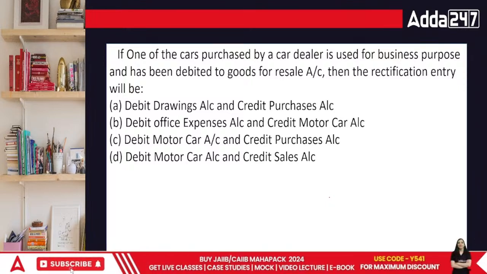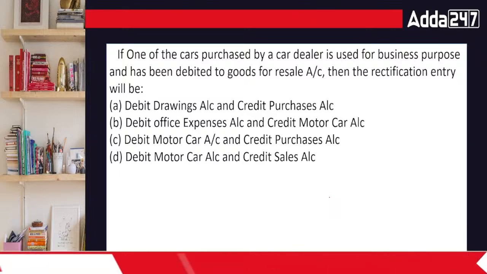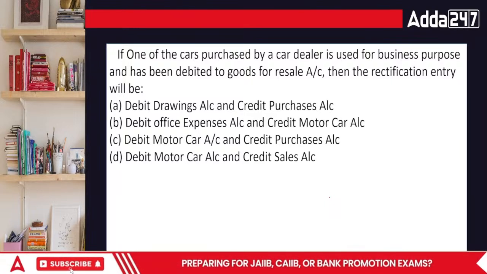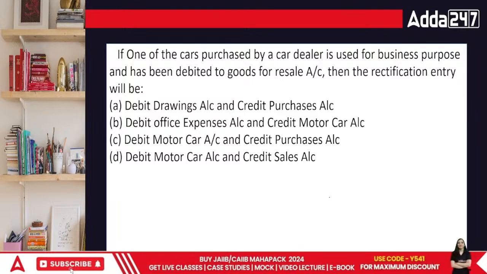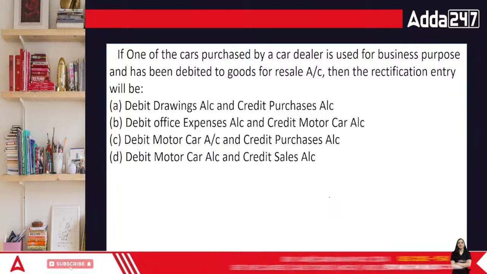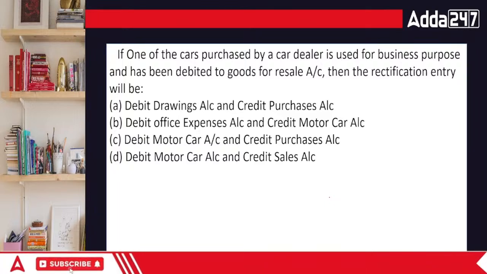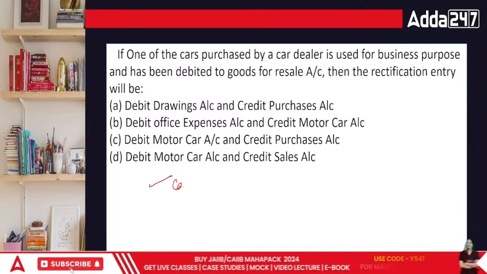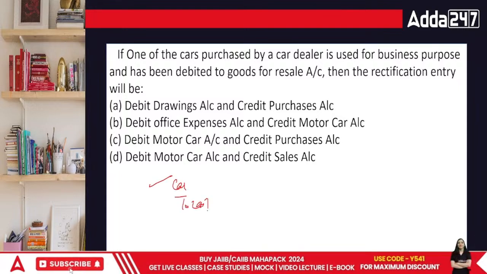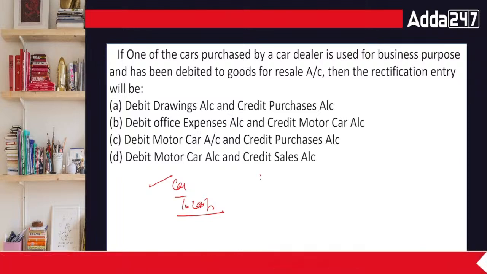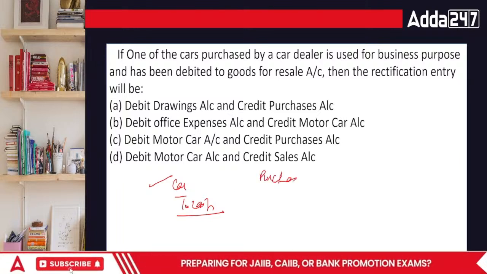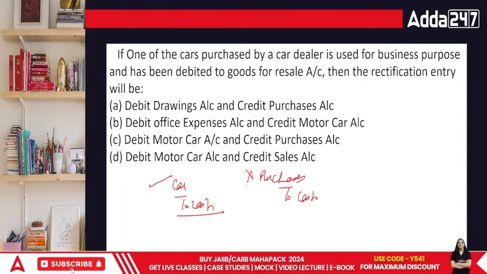Then the rectification entry will be what? The point is it should not be goods, na? It is genuinely a car. It has to be a car, and if it is written as a purchase, that we purchased it as a good, technically the correct entry would have been car to cash. But I had shown purchases because I showed it as a good. So what will we do?